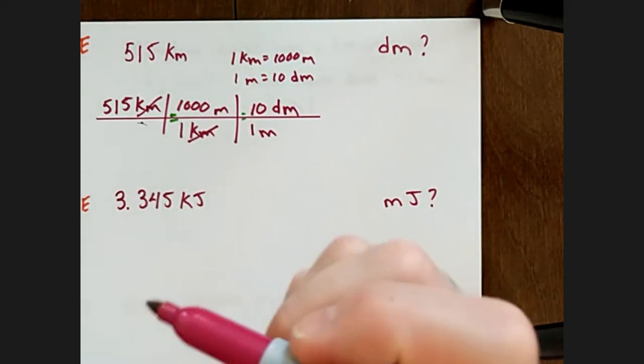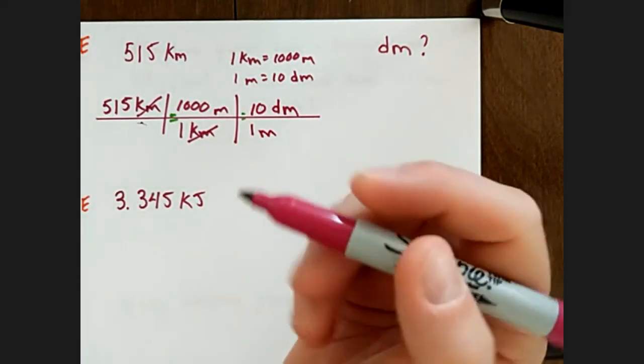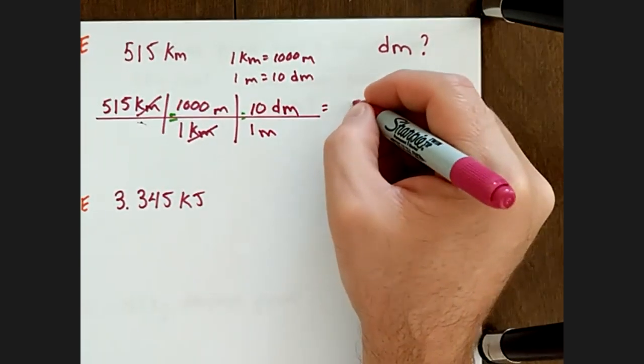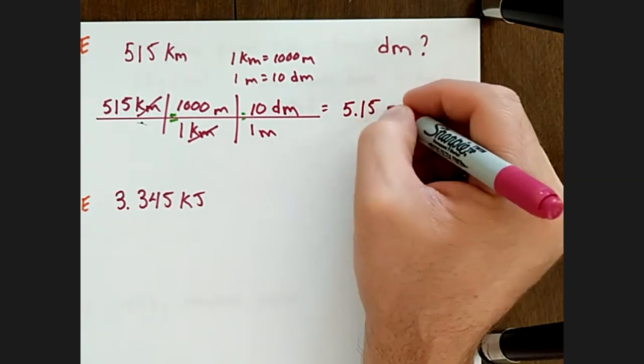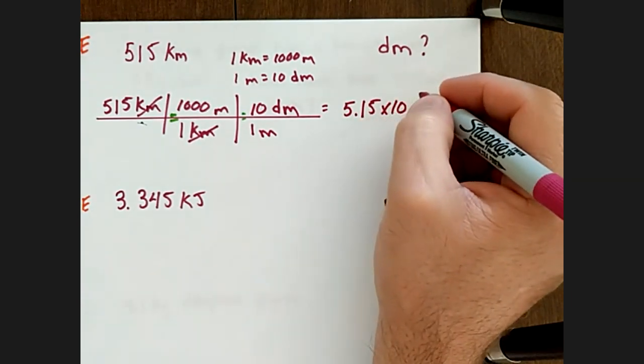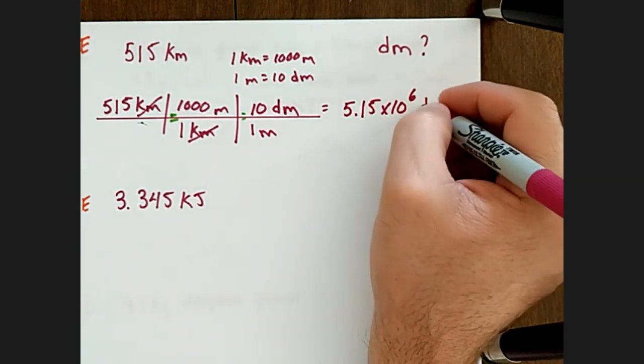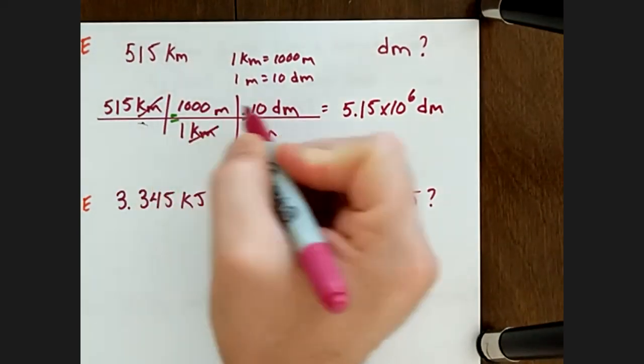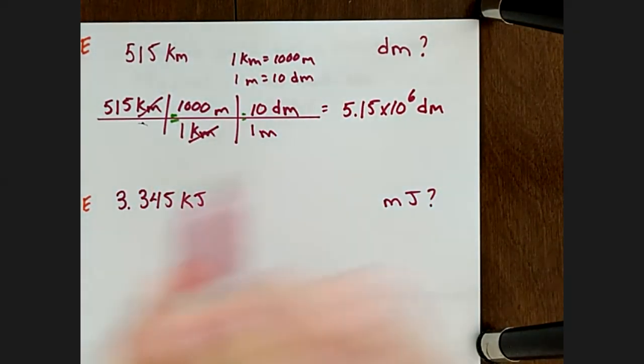Okay, which is not difficult in this particular problem. Again, this is easy. So you get 5.15 times 10 to the 6th decimeters. Okay, that's 515 times 1,000 times 10, and then convert it to scientific notation.